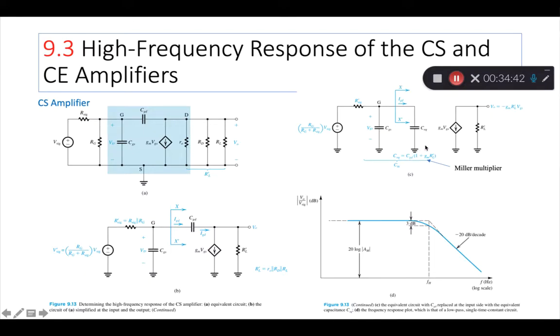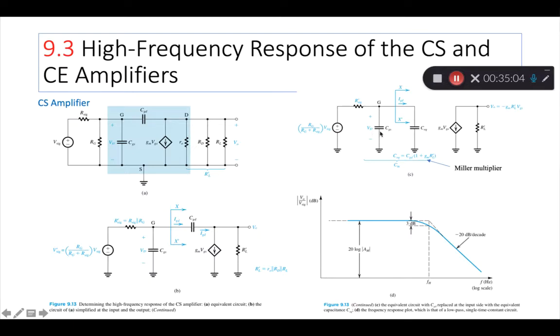Next step, part C, he does some more simplification. Now this CGD, which is connecting the two, this part and this part, he breaks that connection but puts another capacitance called C equivalent.